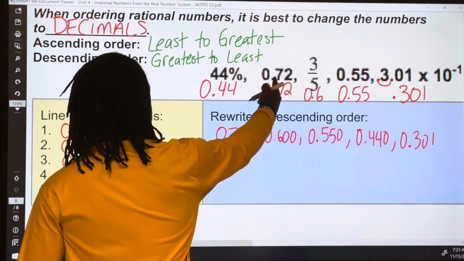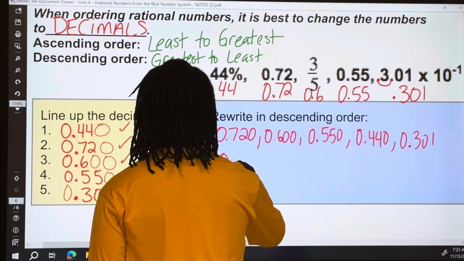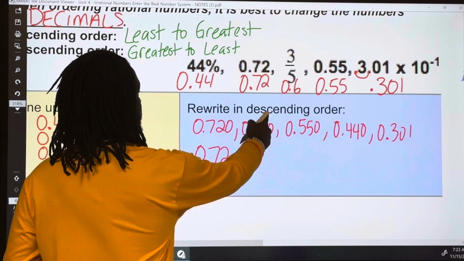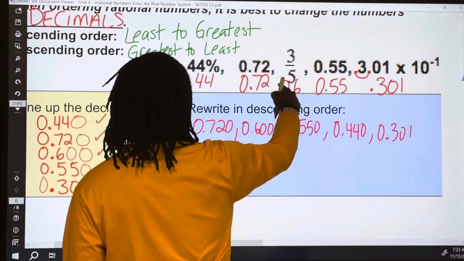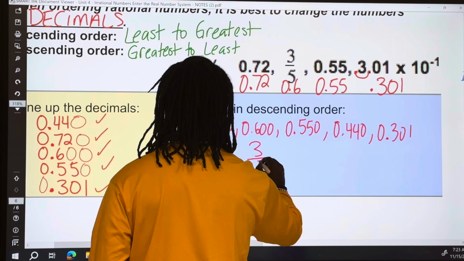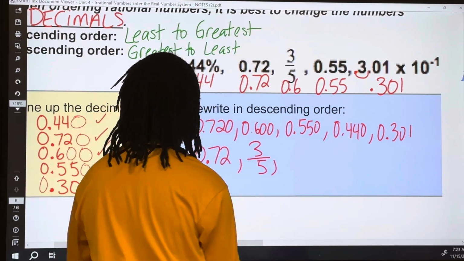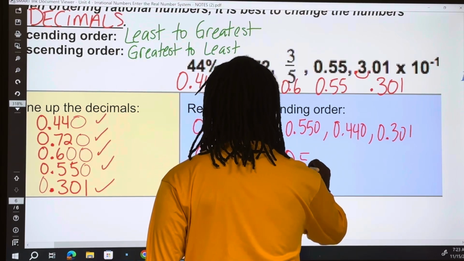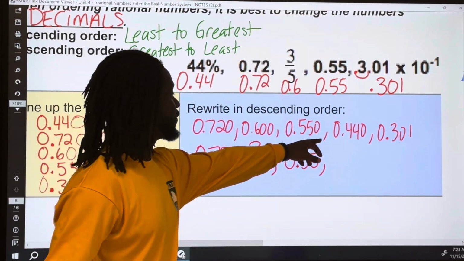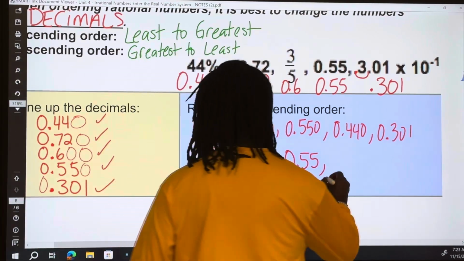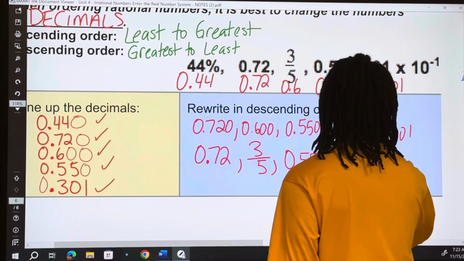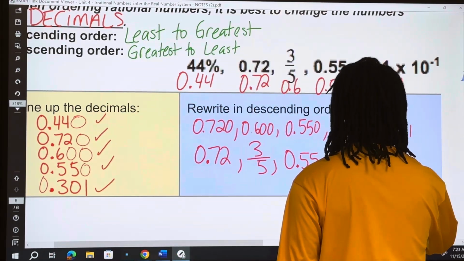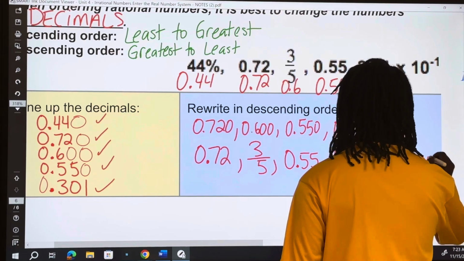So 0.720 was just 0.72. 0.600, or 0.6, was 3/5, so I need to change that back to the fraction. 0.55 was 0.55. 0.44 was 44%. And 0.301 was 3.01 times 10 to the negative 1.